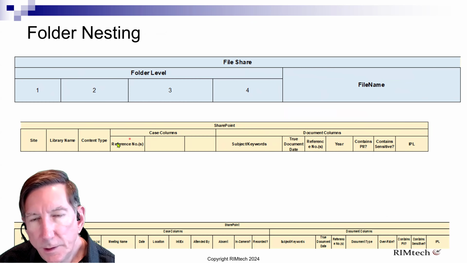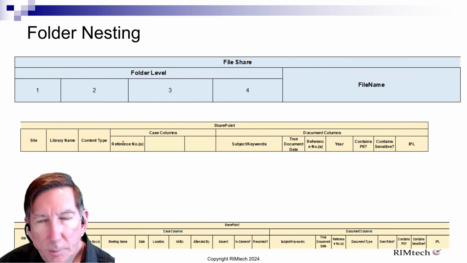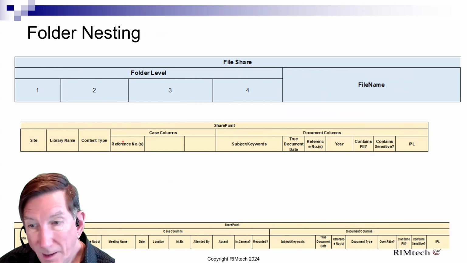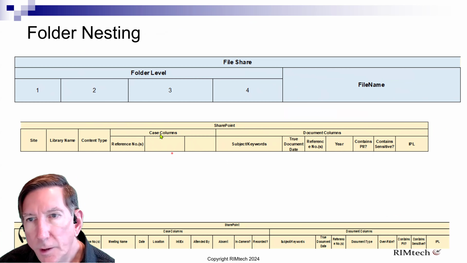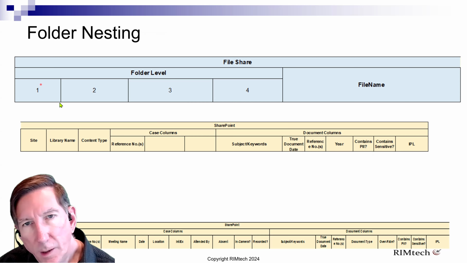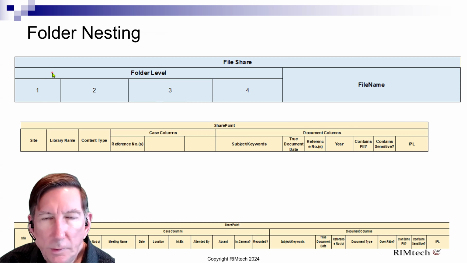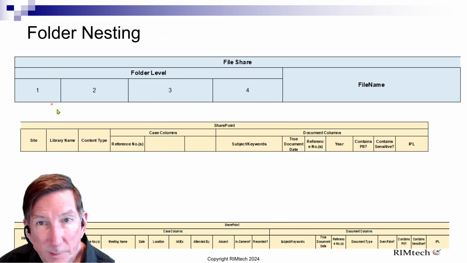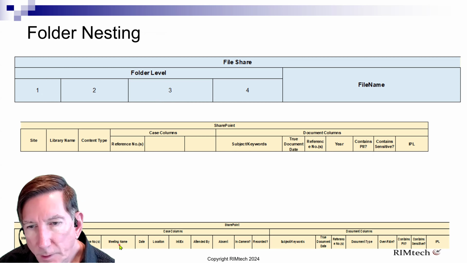Now this example in yellow at the top is a target SharePoint that is not a case, or sorry, it is a case actually, now that I look at it, it has a reference number for case. So we've got to dig out all the data from each of these folders, and each folder nesting level is likely to be a piece of metadata, right? So we had to figure out how to fit it into this one. Down below is a much, much more detailed one.